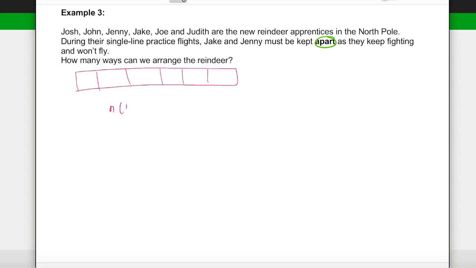So the total number of arrangements with no restrictions would be 6 factorial, which is 720. The number where Jake and Jenny are together, well, we know that that would reduce our group of 6 to a group of 5, so 5 factorial, and then Jake and Jenny can be arranged either way in that group.